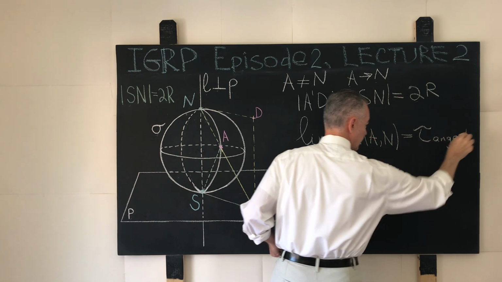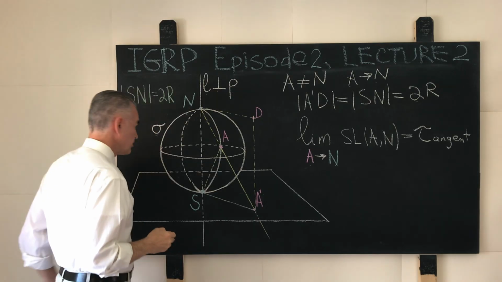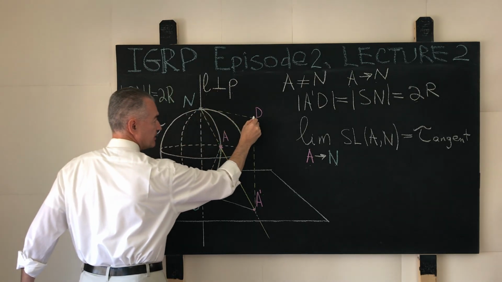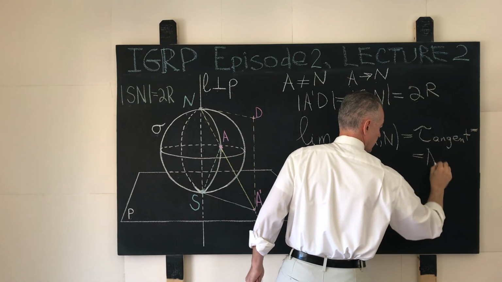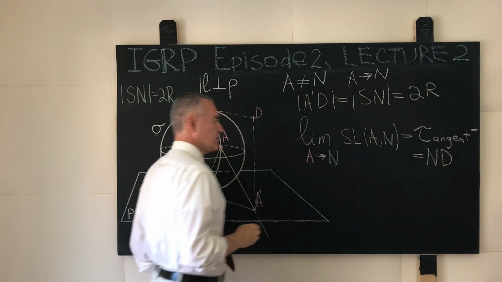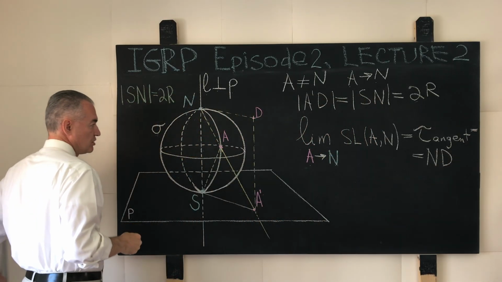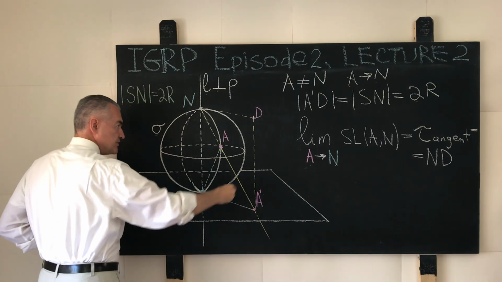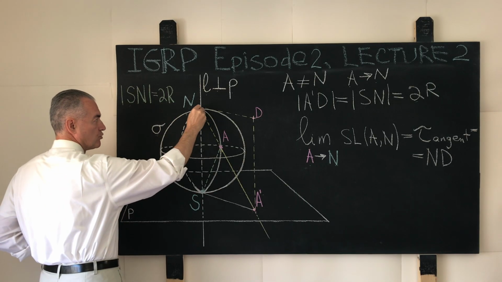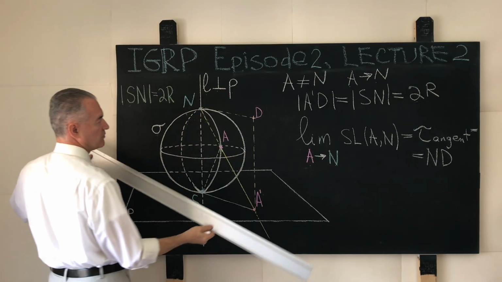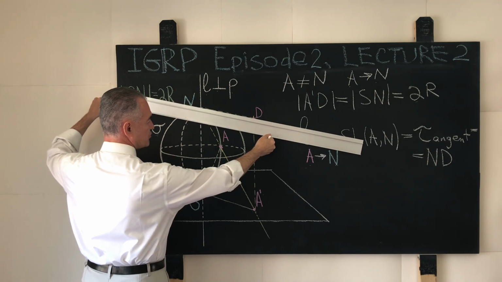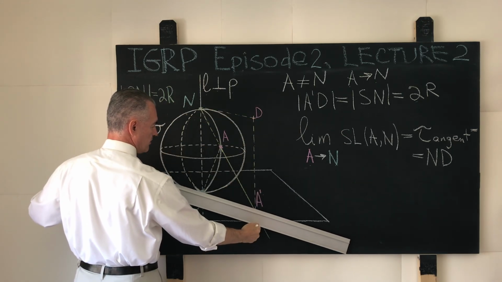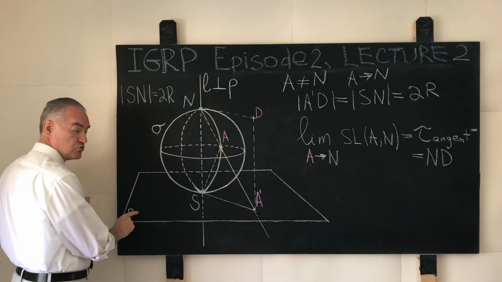It will be the straight line ND, and that straight line will be tangent to the Riemann sphere sigma at the point N. That straight line will be parallel to the straight line SA prime, and it will be parallel to the plane P.